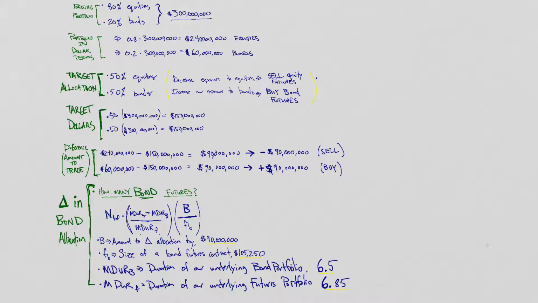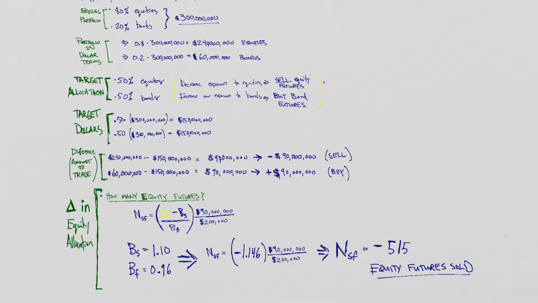And if we do that to figure out the number of bond futures to buy, we have 6.5 in the numerator and 6.85 in the denominator, the two modified durations of the bond and futures positions, respectively. And notice that we have the modified duration of the target portfolio. That's like what we had in the equity example here.